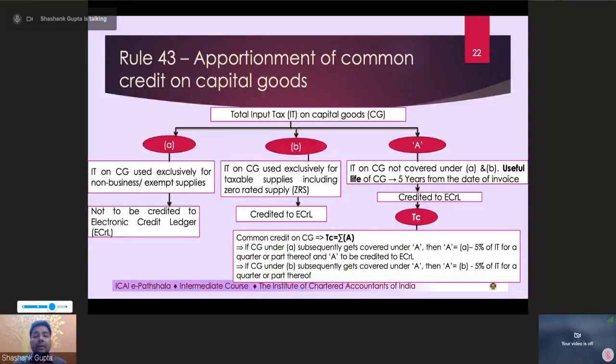That is, here again, suppose they were used here for 2 years. Now they are being moved here. So 2 years means 8 quarters. 8 quarters means 40% of the credit has to be subtracted, and the balance 60% value has to be covered here. So this is how we will first arrive at TC.